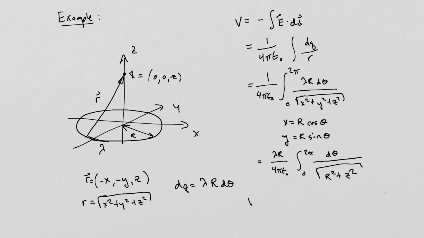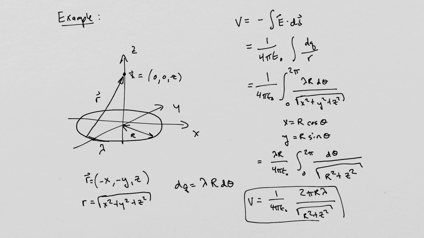And so I'm left with a nice expression that the potential is equal to 1 over 4 pi epsilon naught times 2 pi r lambda over the square root of r squared plus z squared. And we've experienced one interesting thing that often happens in electrostatics, and that is I've ended up with an expression that depends on z.